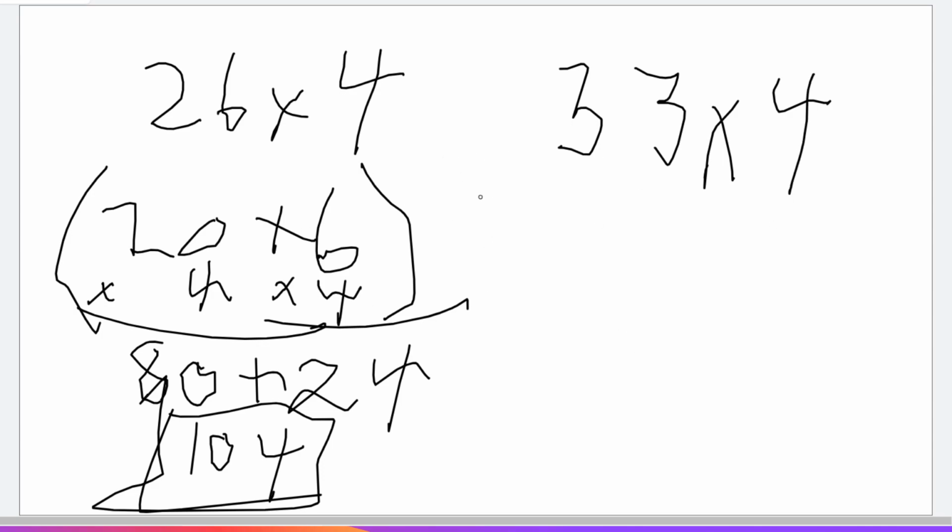Let's work through the methodology behind solving it. 33, we know, is 30 and then 3. 3 times 4 is 12, so 30 times 4 must be 120. Just add the 0 at the end. And then 3 times 4 is 12, so we have 120 plus 12. So we get 132.